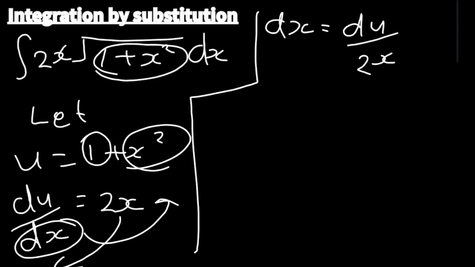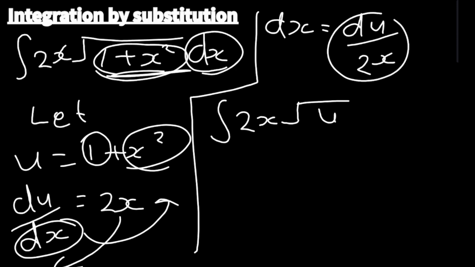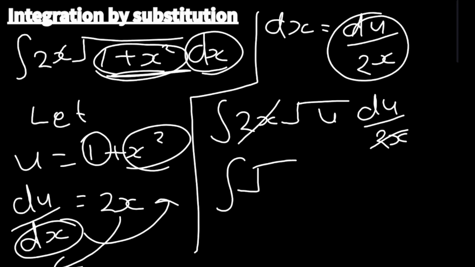Now after finding the derivative and making dx the subject, you substitute everything back in our original integral. That was 2x root, this now is our u, dx, which is this du over 2x. Now 2x can cancel out with 2x and we remain with the integral of root u du.